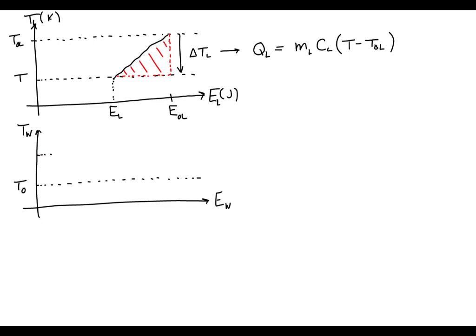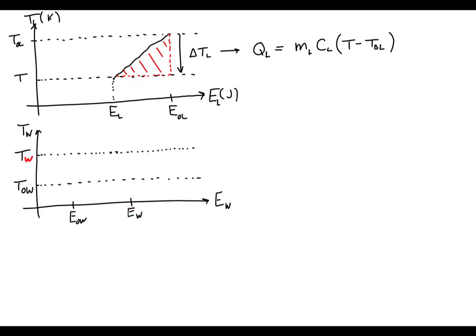And the final temperature of the water, we're going to assume, will be some temperature above the initial temperature. It'll be the same temperature as the final temperature of the lead, T. So we'll say the water starts off with some initial state of energy and ends up at some final state of energy, gaining energy.